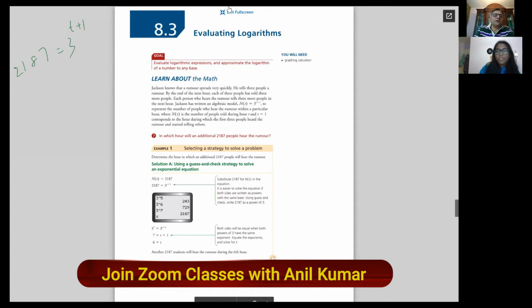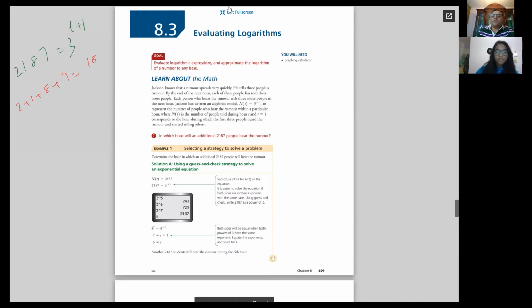When you add the digits, you get 2 plus 1 plus 8 plus 7, which is 18. It is a multiple of 3, so we could write this as a power of 3. Let's write down powers of 3.